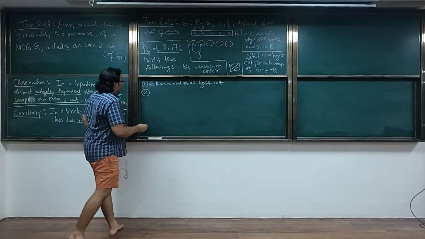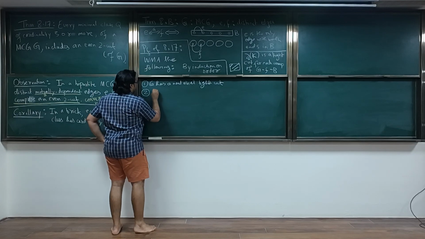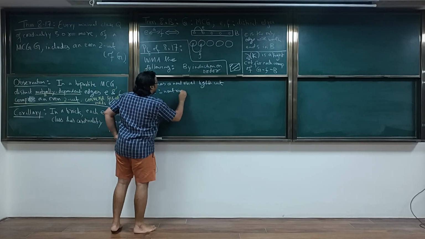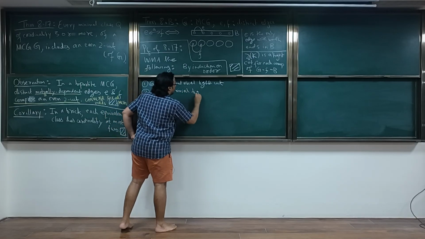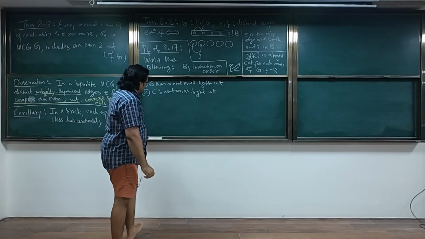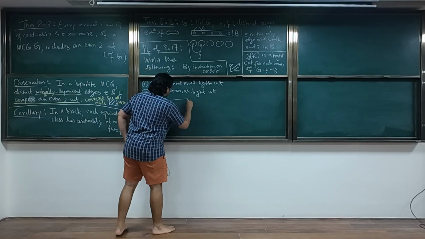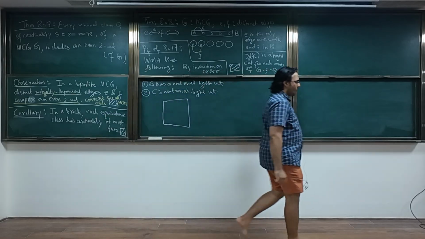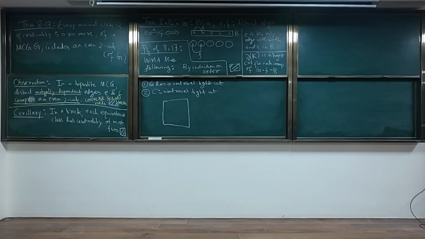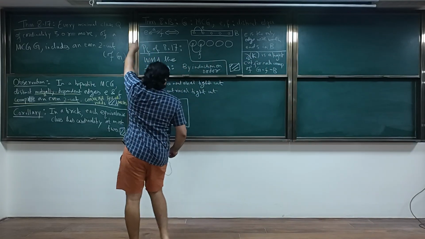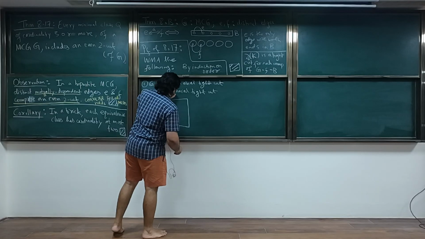So we also observe the following, that if C is any non-trivial tight cut, then the minimal class Q that we are considering looks like this.